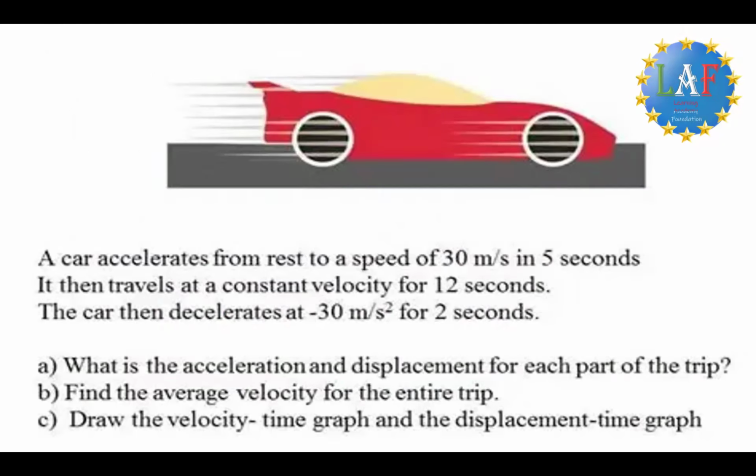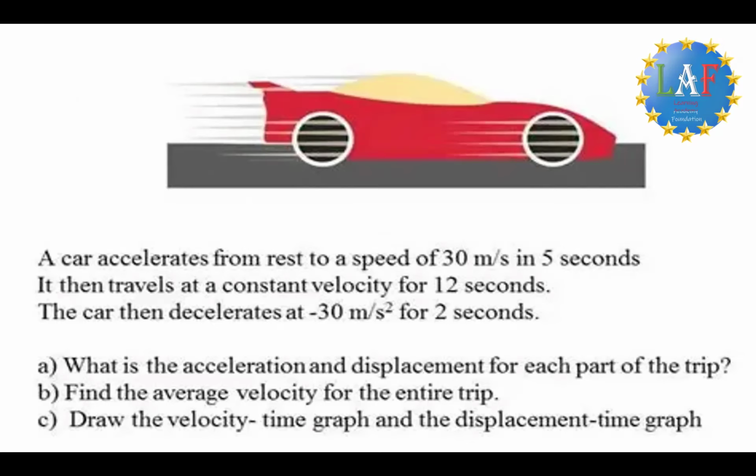Now, a challenging question. I wish you can answer in the comments, and then I will put a heart on the one who answered correctly. A car accelerates from rest to a speed of 30 meters per second in 5 seconds. It then travels at a constant velocity for 12 seconds.